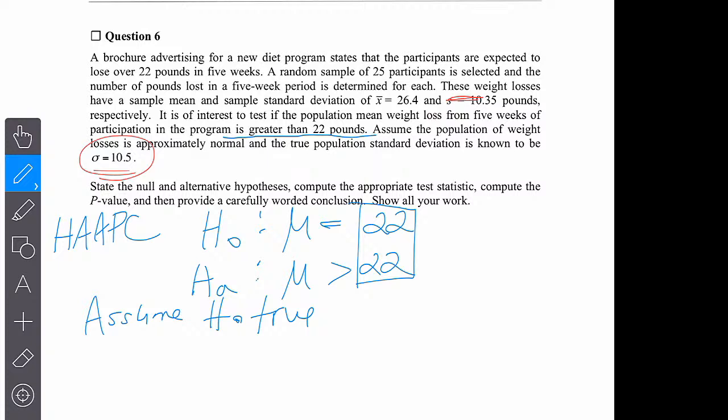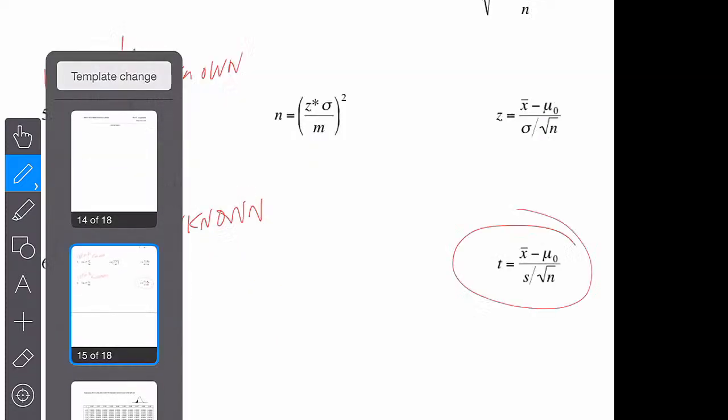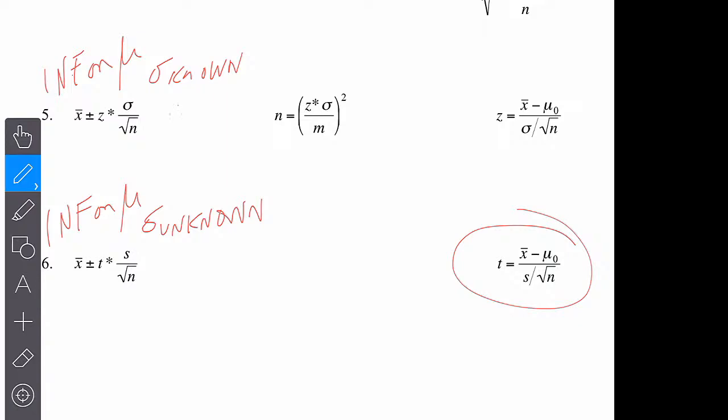So now the formula I'm going to use to evaluate is this one, number 5, this row here, because this is for sigma known. I'm going to do the same process, but I'm going to use the standard normal table instead of the t-table, and I'm going to use sigma instead of s.